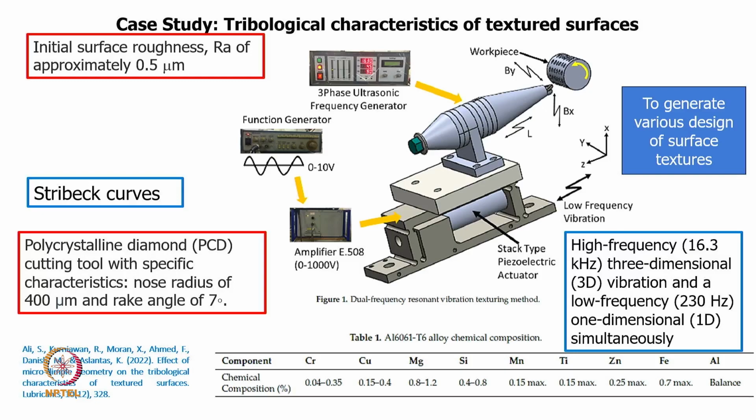Now, we will finally take one case study, and there are many case studies available. In this case study, they showed that through a textured surface they tried to improve the tribological performance. The initial surface roughness of the piece was about 0.5 micron, and they used two kinds of frequencies.